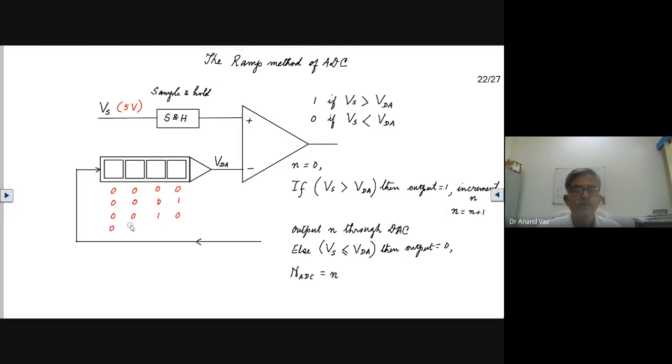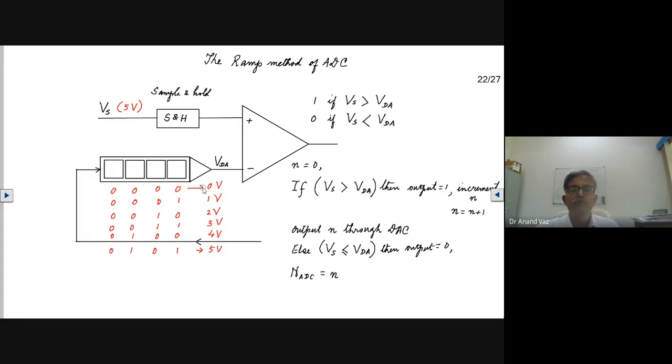Then a 0, 0, 1, 1. Then a 0, 1, 0, 0. And then a 0, 1, 0, 1. And this corresponded to 5 volts. This corresponded to 4 volts. This corresponded to 3 volts, in this example.